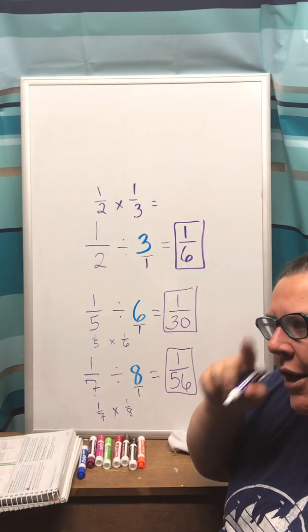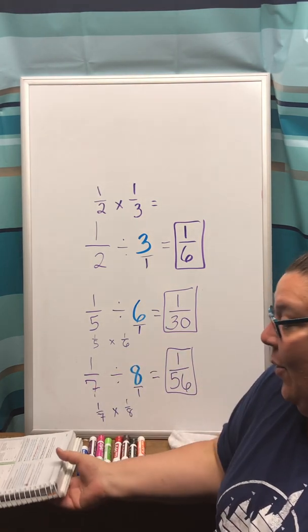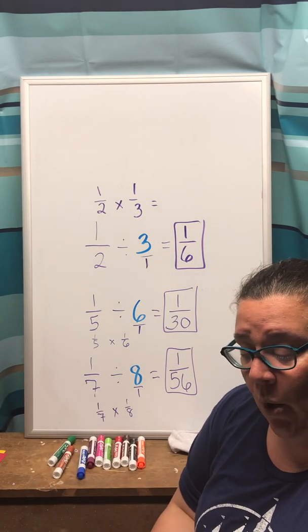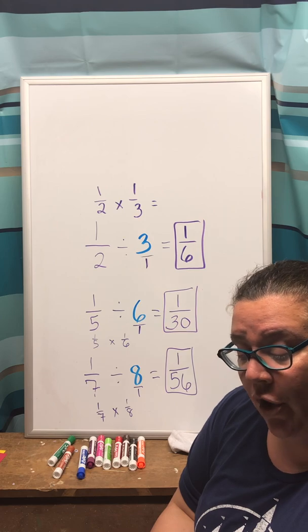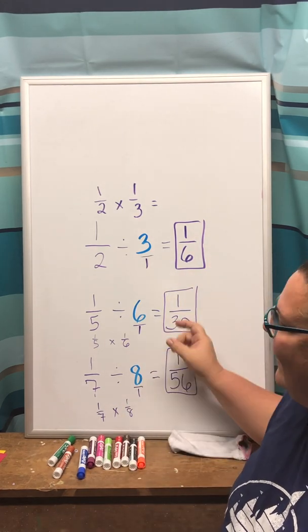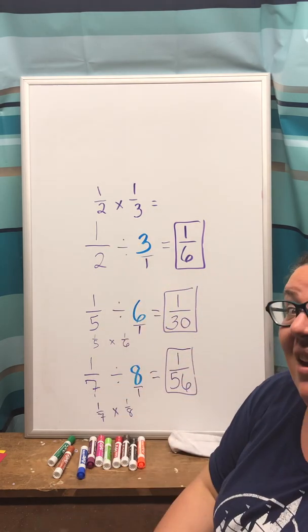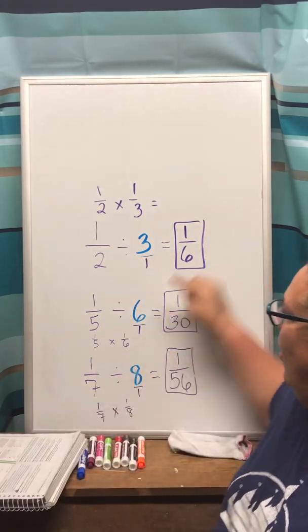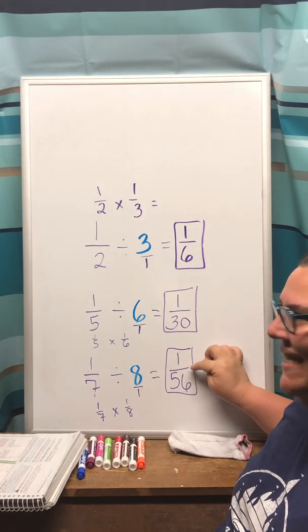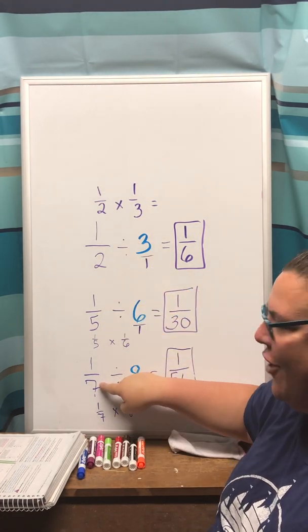Again, their question was, and they don't want a number answer here, they said, when I do this division, will the quotient be greater than or less than the unit fraction that I started with? So are these fractions greater than or less than the fractions that we started with?